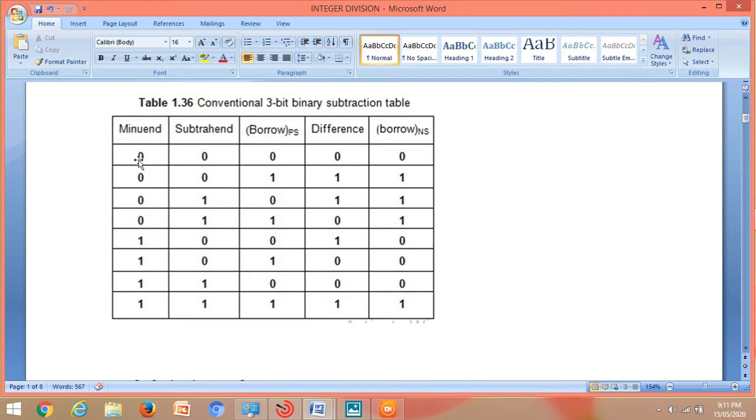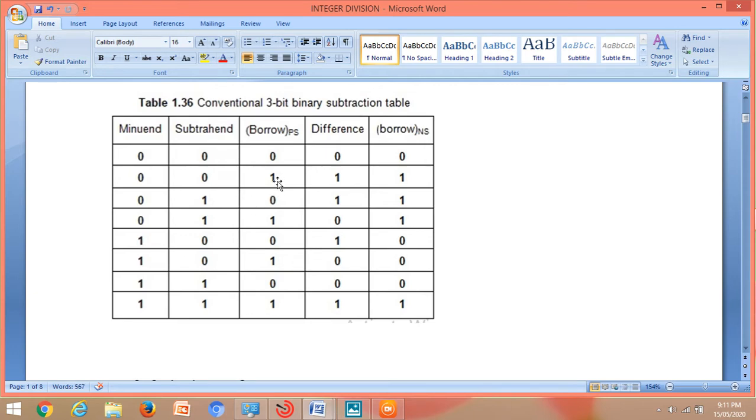It is read as 0 minus 0 minus 0. The answer is 0, and borrow is also 0. Next, 0 minus 0 minus 1. Please read it this way: 0 minus 0 gives me 0, then 0 minus 1.